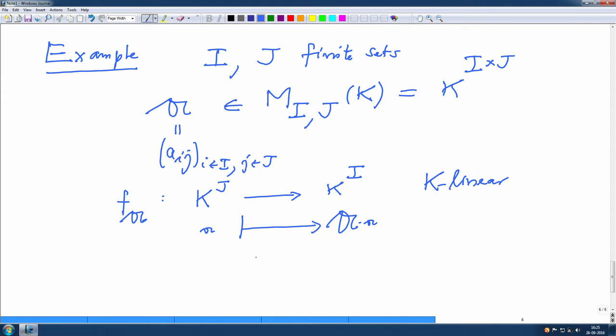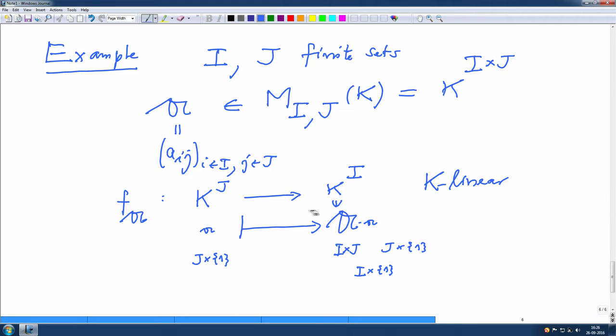This makes sense, because A is an I cross J matrix and small a is a J cross 1 matrix. So the result should be an I cross 1 matrix, which is what we wanted. So this is indeed an element here, and this is the linear map corresponding to this matrix.